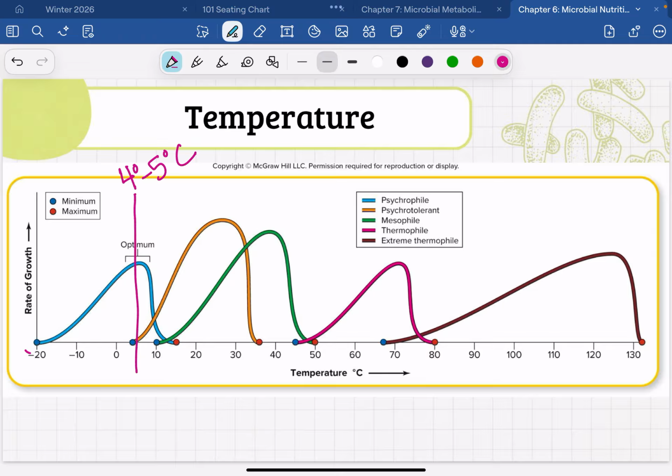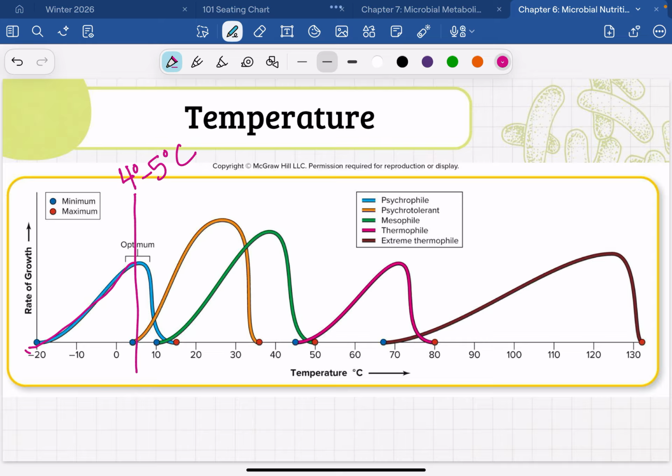That means that their best temperature is in the refrigerator. But look at that, they can also grow down to well below freezing. That may not be their best temperature, but psychrophiles can grow in ice blocks. They can grow in glaciers. They can grow in Arctic oceans that are very close to freezing or below freezing.